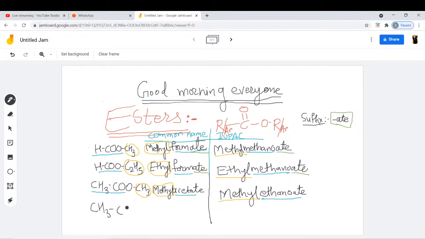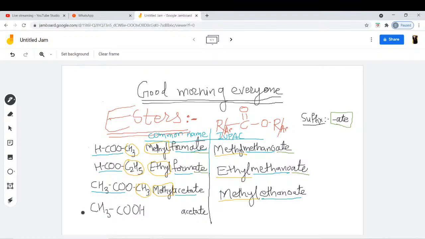Let's take another example, CH3COO, and here there will be H. Again, it is acetic acid, so its ester is acetate.